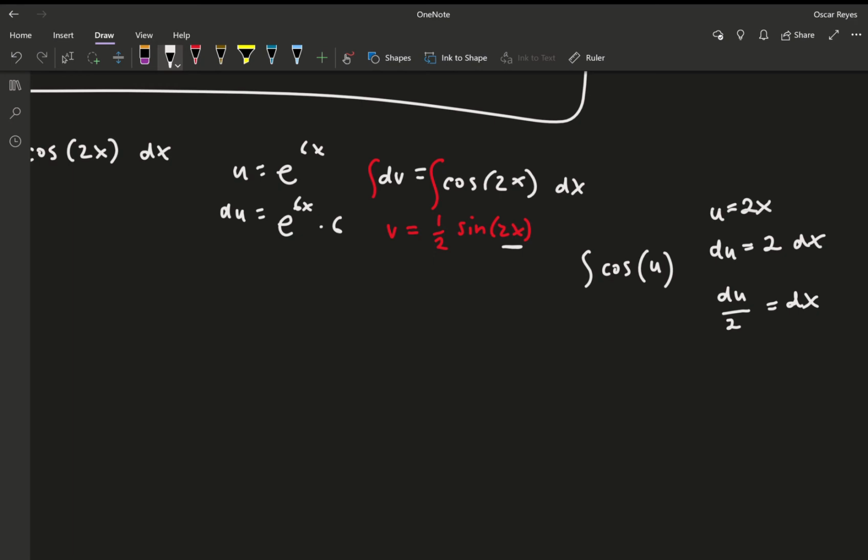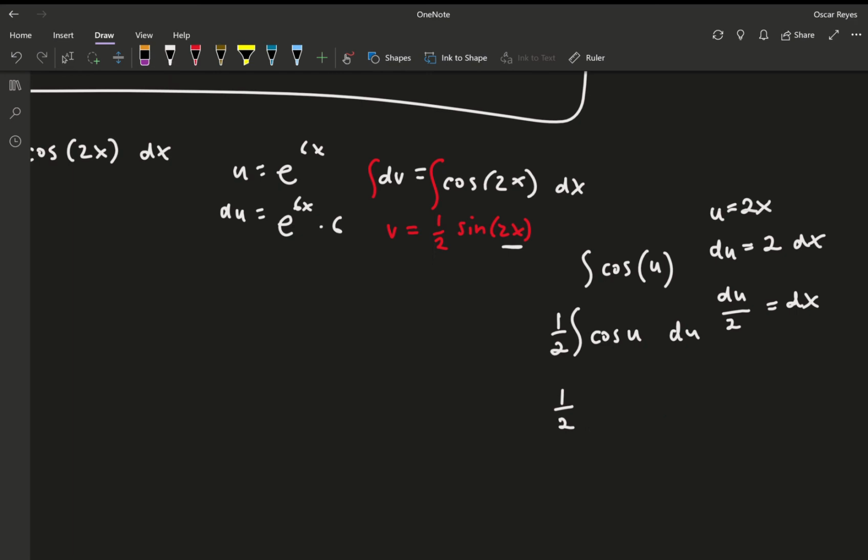And now we're going to have the integral of cosine of u, and then substitute the 2x back in, and that gives us du over 2, so a 1/2 in front. Now we have 1/2 the integral of cosine of u.